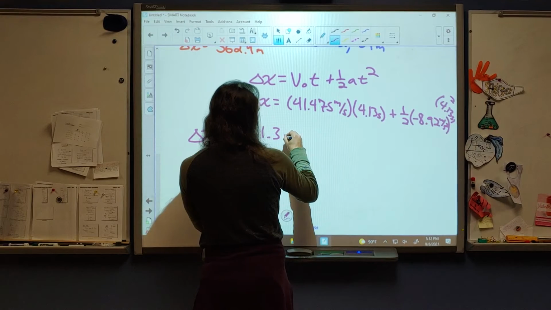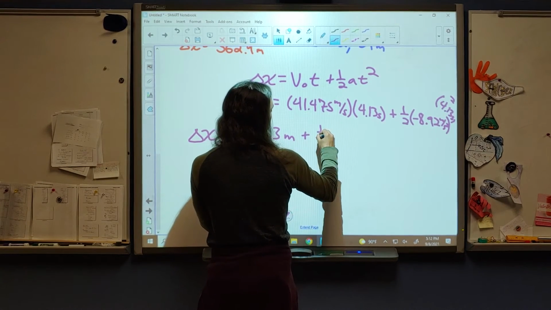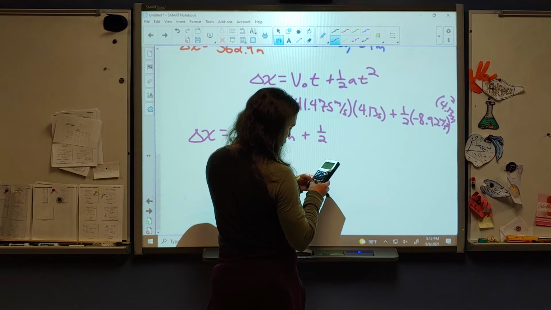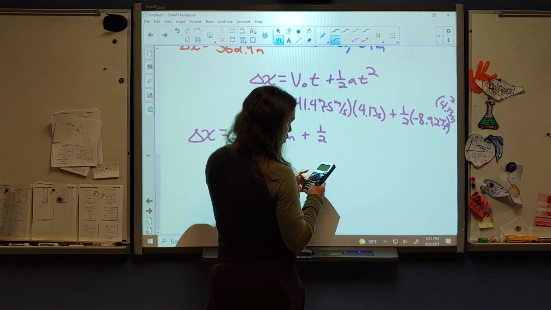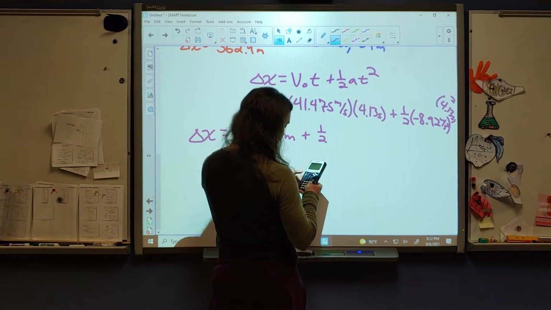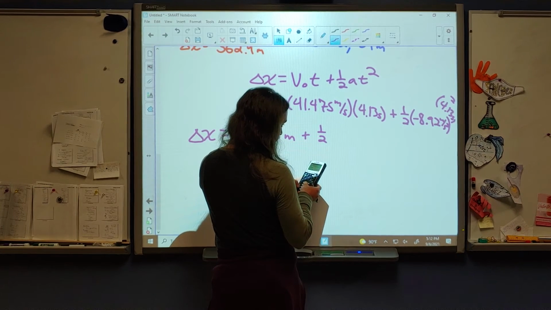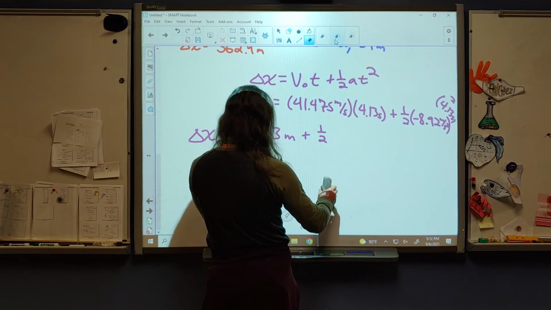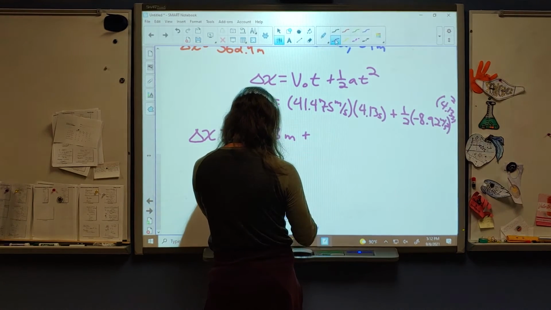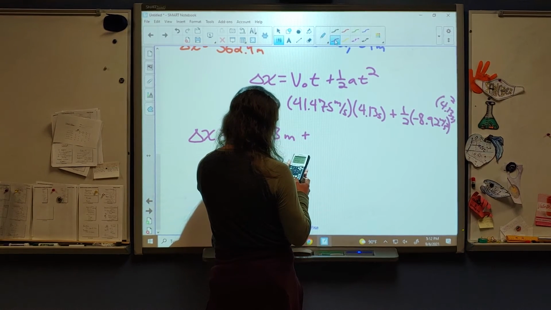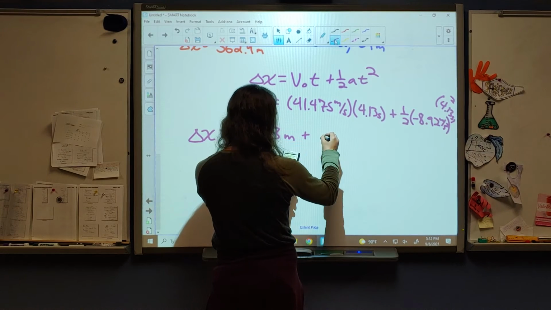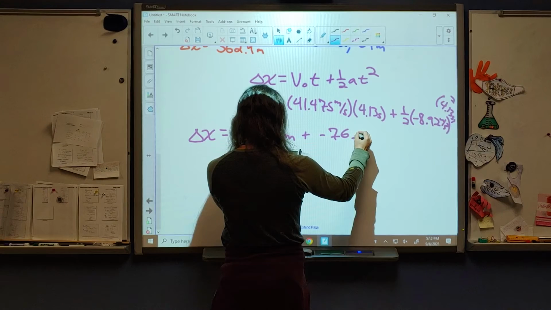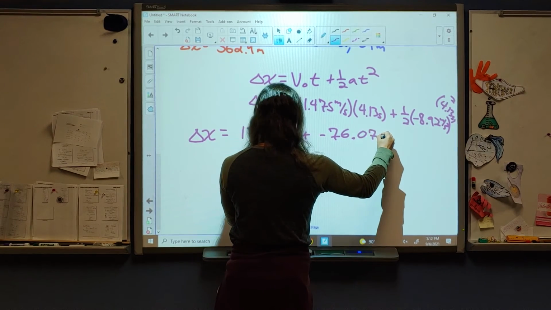The seconds cancel out, so we've got meters, plus 1/2 times, let's see, I'm going to take 4.13, I'm going to square that, that's going to give me time squared, times negative 8.92, that's going to be negative 152 and some change, and then I'm going to multiply that by 0.5, or 1/2, and we get plus a negative 76.07 meters.